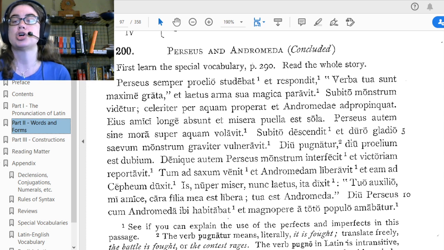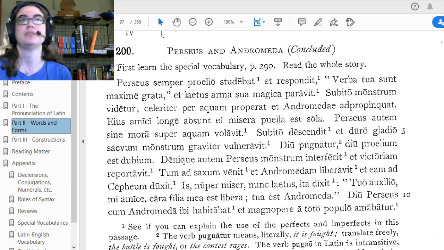All right, suddenly, subito, monstrum videtur. We've got a tur here, so it's passive. So the monster is seen. Again, we're moving to that historical present to make the story more exciting. Okay. Swiftly, celeriter, through the water, probably more like over the water. No, wait, we're talking about the monster. It is through the water.